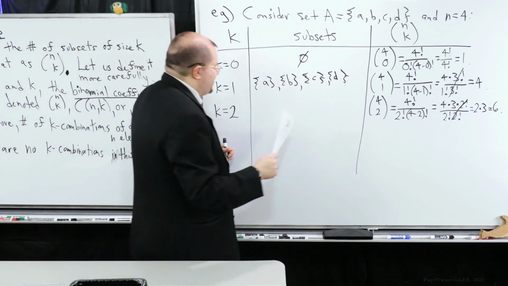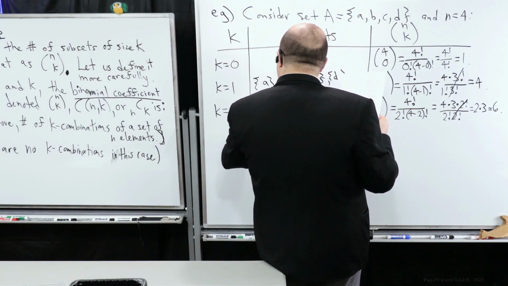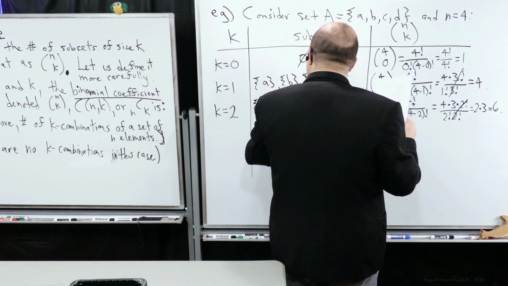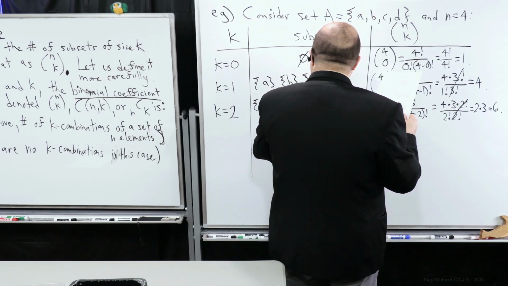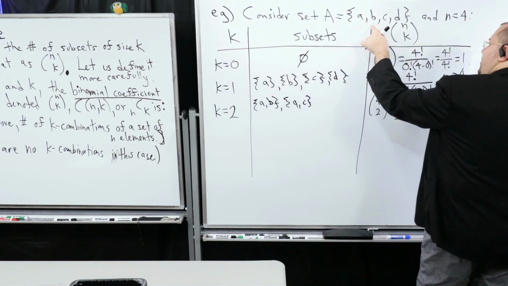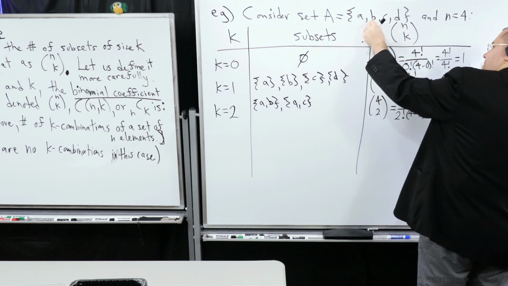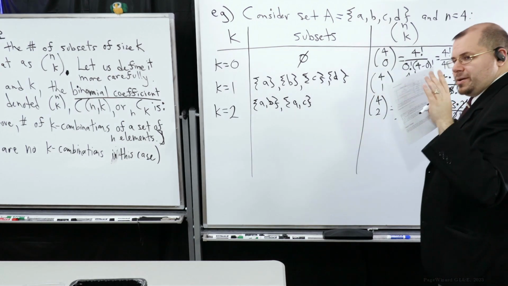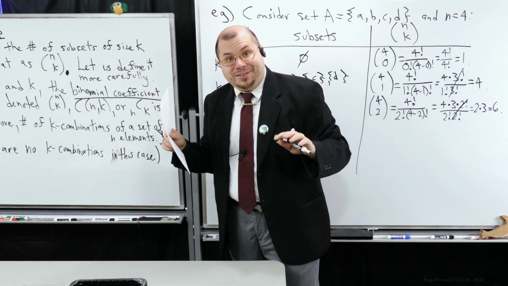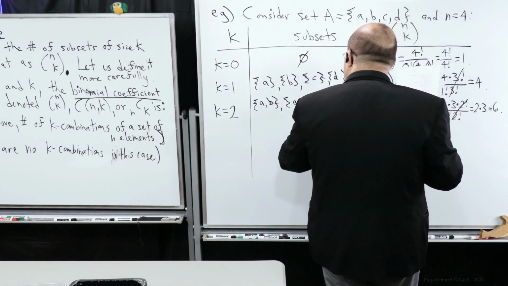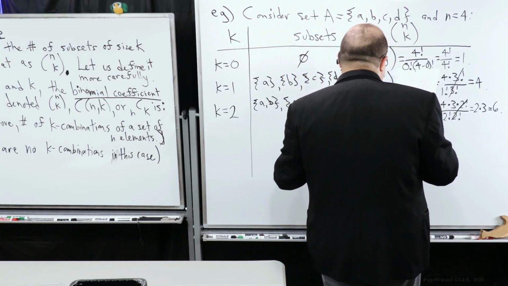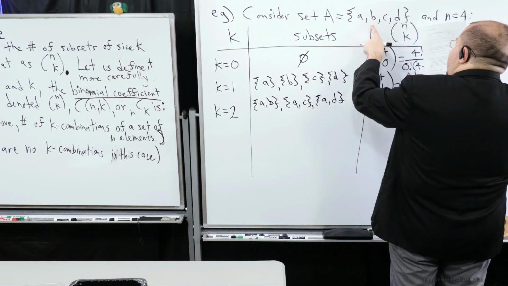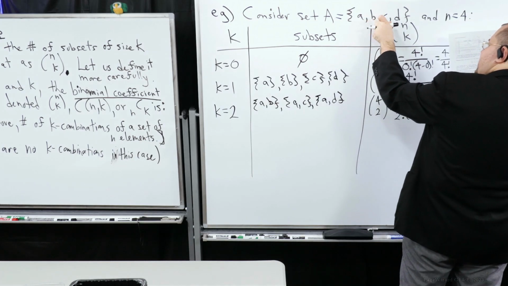So now let's talk about what the subsets would be. We have AB, right? I pick off AB. Then I could have AC. I'm going to start by picking the first element and lumping it with each one of these. Then I'll do the same thing with the second one, lumping whichever ones I have not accounted for. Remember, it's not the order that matters here. It's which elements are in the subsets, to be a bit more precise. So I'm going to sweep through here. I'm going to have AB, AC, AD.